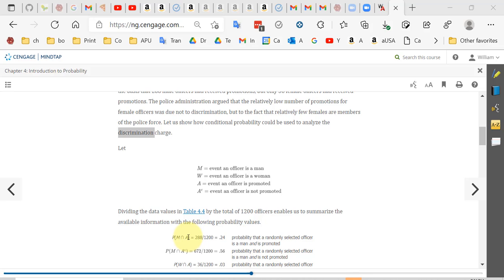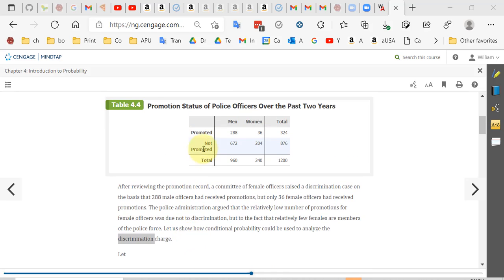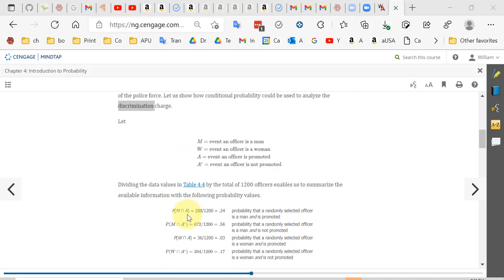So how many males are there that were promoted? Well, here are the men, and here are the ones that are promoted. So the intersection has 288 police officers in it, and the probability of that would be 288 out of the total 1,200. So the probability of M intersect A is 288 out of 1,200.